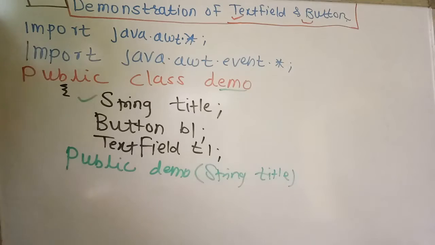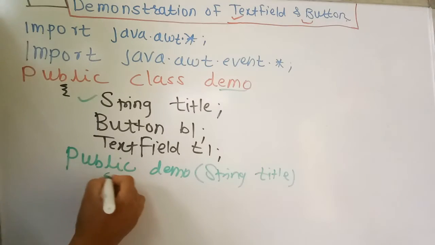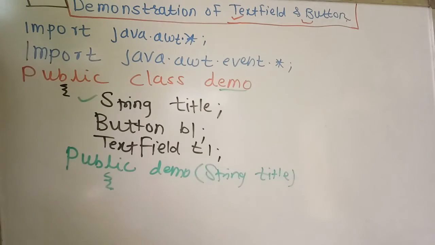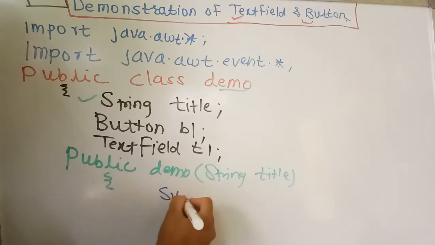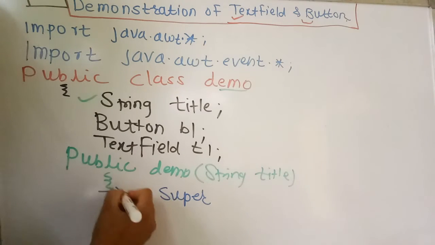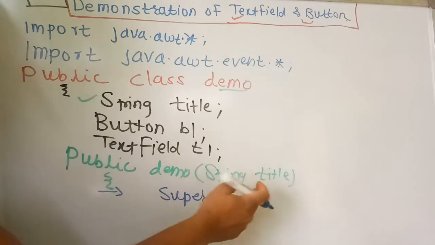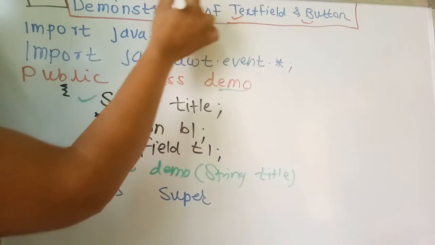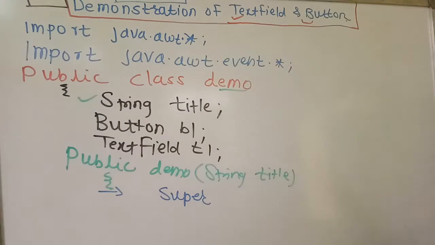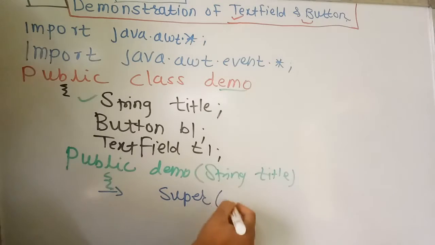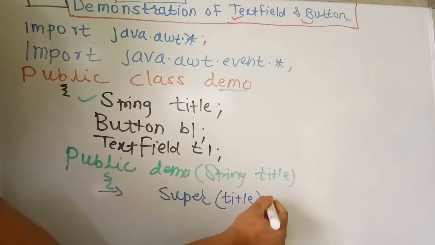Now we will pass this title to the frame with the help of the super method. Super is the first method coming after this curly bracket, and this method will use the title name as the screen's heading. So we will pass the title to super, and this title will be accepted from the main method.